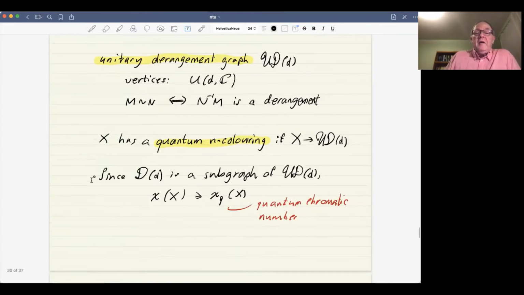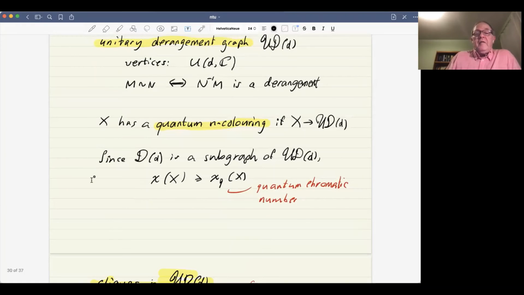Now, I didn't make this up. One definition is that a graph has a quantum n-coloring if it admits a homomorphism into the unitary derangement graph. So we can define ordinary n-colorings in terms of homomorphisms into the derangement graph, and we get quantum n-colorings by homomorphisms into the unitary derangement graph.